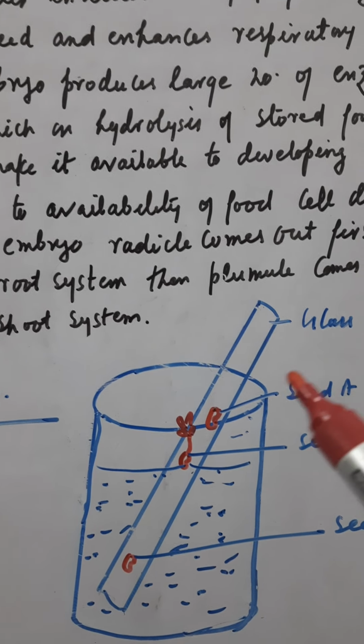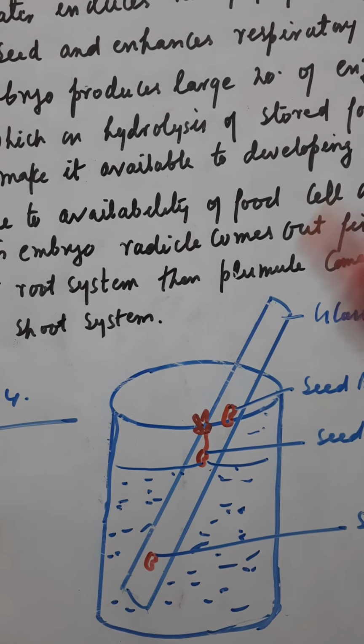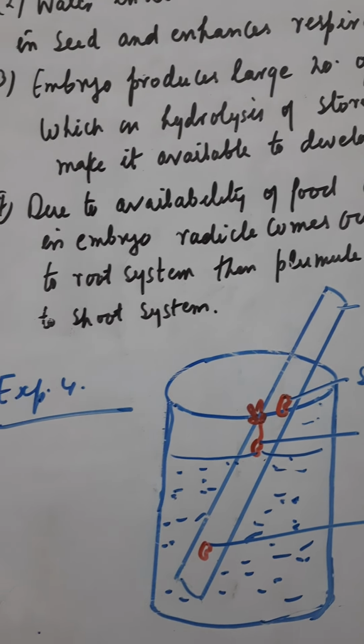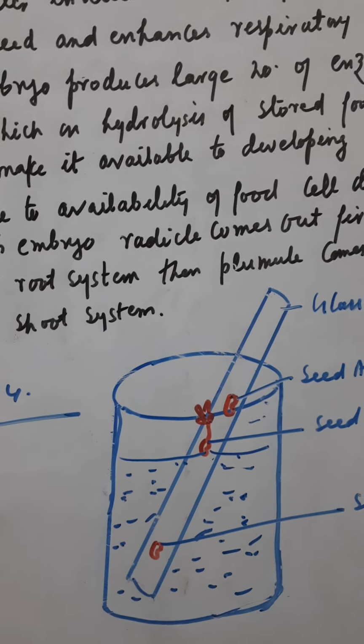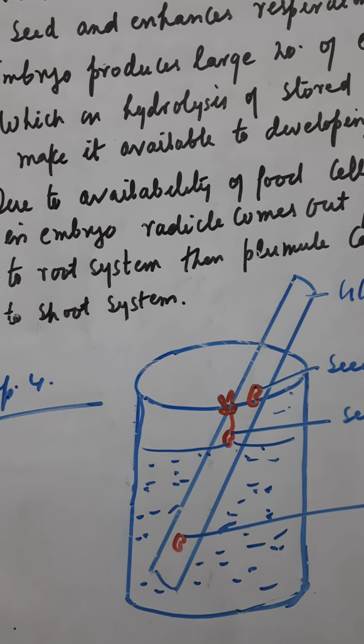And due to the availability of the food, cell division will start and the radicle will come out first and the plumule will come out later. The radicle will give rise to the root system and the plumule will give rise to the shoot system.